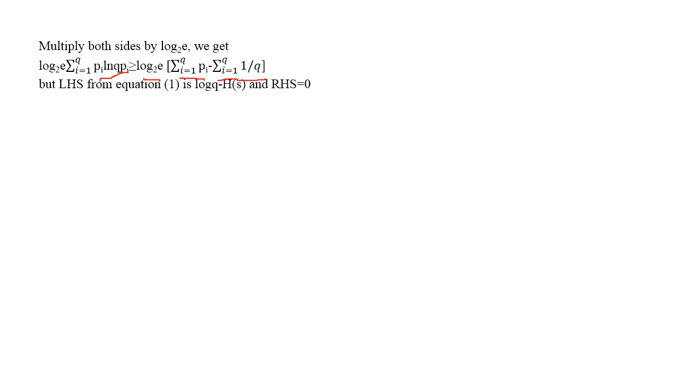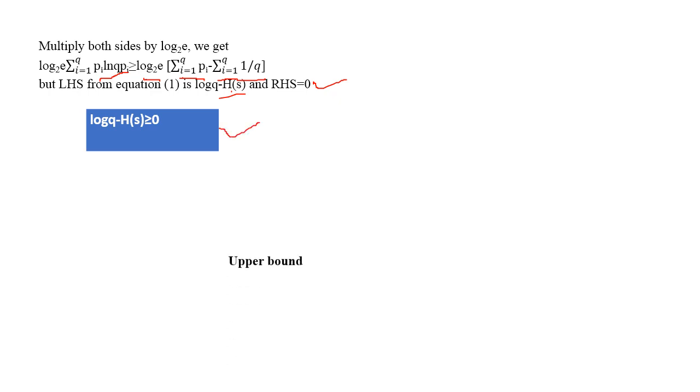From this, the left hand side of the equation is nothing but equation number 1 as discussed. So we are going to get log Q minus H of S on the left hand side, and the right hand side will be equal to 0. Therefore, log Q minus H of S is always greater than or equal to 0. So this forms the upper bound of the entropy.